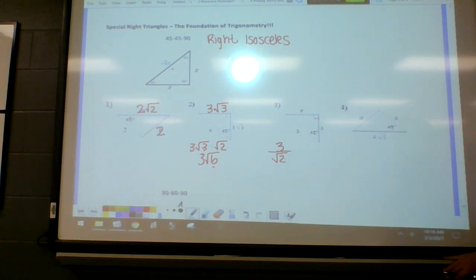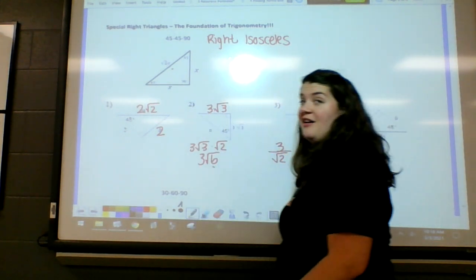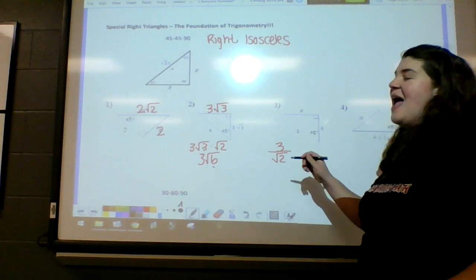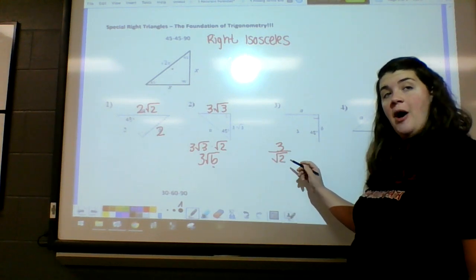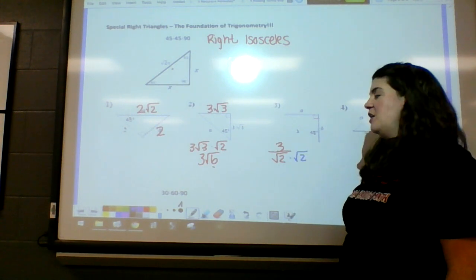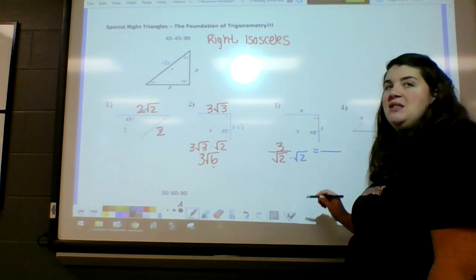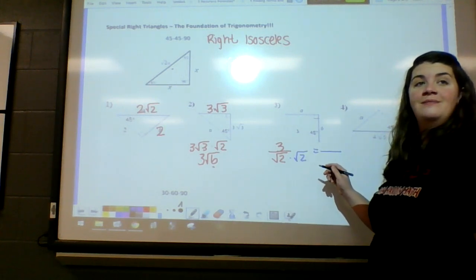Now, technically, we don't like to leave square roots in the denominator. Do you remember that? So we have to do this thing called rationalizing. Do you remember how to rationalize? It's actually not that bad. The goal is to get rid of the square root of 2 in the bottom. So if you multiply it by the square root of 2, what is the square root of 2 times the square root of 2? It's the square root of 4, and the square root of 4 is 2.